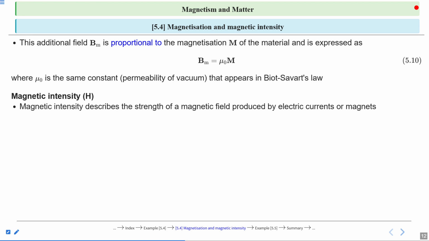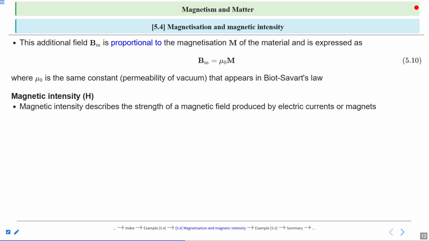Okay, so the magnetic intensity that is being produced by the solenoid when there is no material core. Due to the current flowing in the solenoid, the magnetic field B naught is produced, and the strength of this magnetic field B naught is described by magnetic intensity.